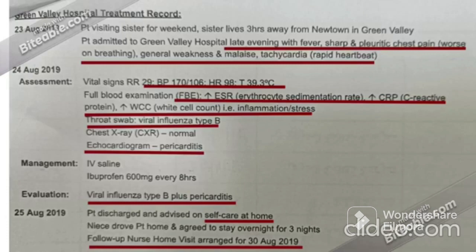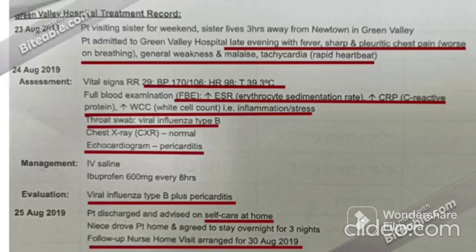Chest X-ray was normal. Echocardiogram revealed pericarditis. So these are the main blood investigations, and the findings very important for us are the throat swab finding and echocardiogram, because this is her diagnosis: viral influenza type B plus pericarditis.